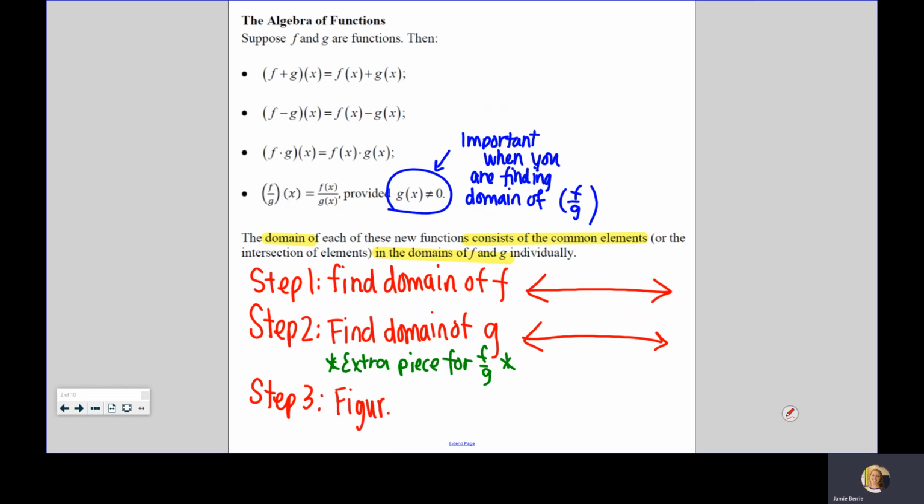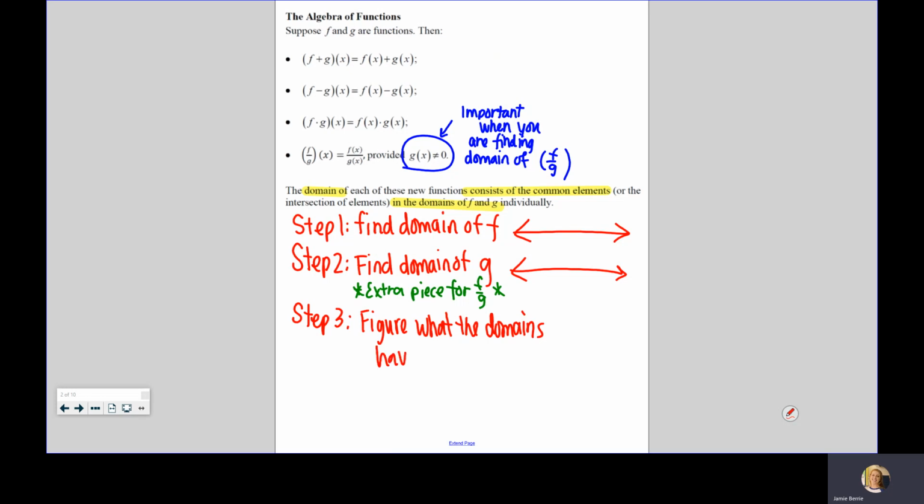So we'll just say figure out what the domains have in common. That's the phrasing that they used in the textbook. So you find the domain of f, find the domain of g, and then figure out where they overlap, or what they have in common.